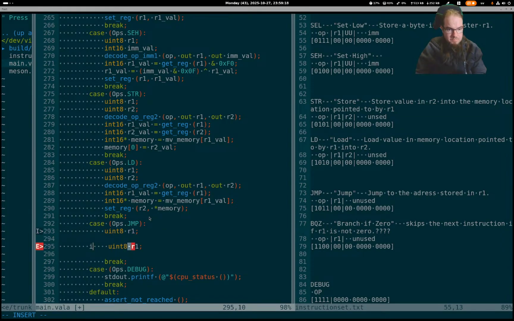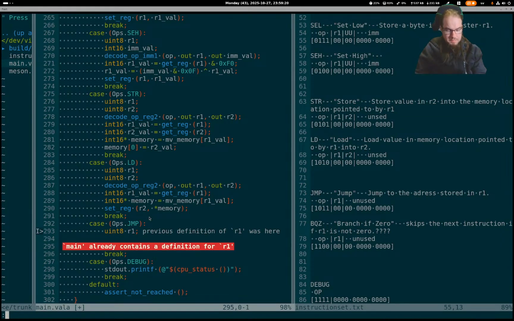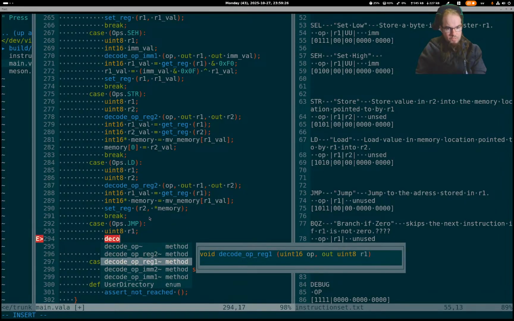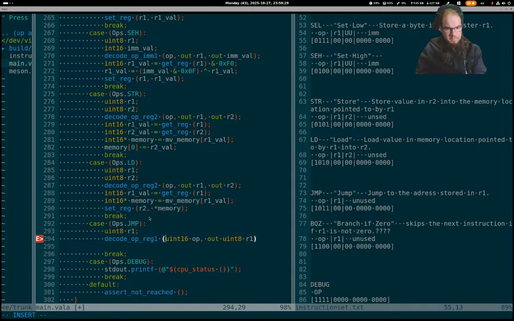Oops. And we're going to decode op reg 1, op and out R1.